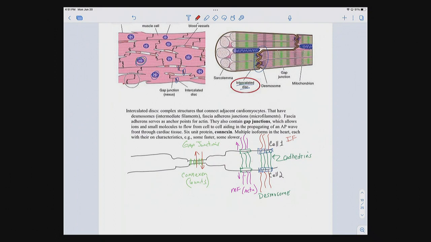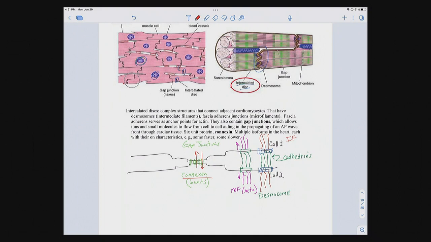So this is a mechanism by which one cell can exchange material with another cell, and what we're going to find out in a moment is that typically the main players here are going to be calcium and sodium. So they can go through that. I will also mention that there are many, many, many isoforms of connexin throughout your body, because the cardiac cells are not the only cells in your body that have gap junctions.